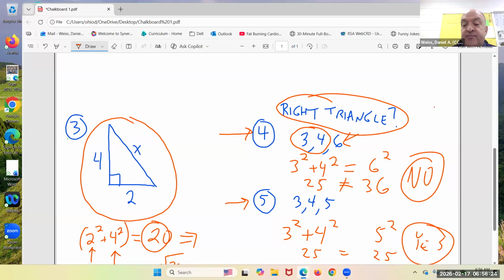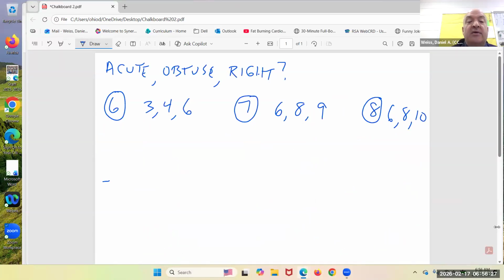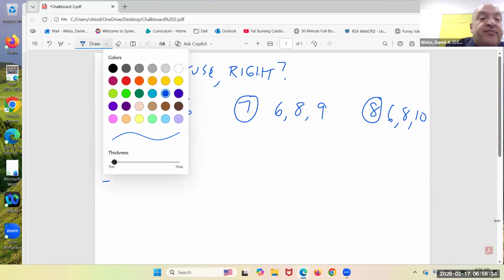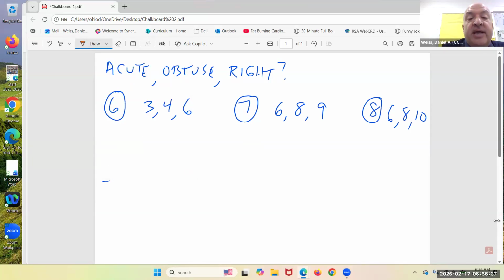All right. So now, look at this. Now it says acute, obtuse, or right. Here's all you have to do. You take the biggest number, 6 squared. 6 squared, that's 36. Now, what is 3 squared plus 4 squared? 3 squared plus 4 squared is 25.